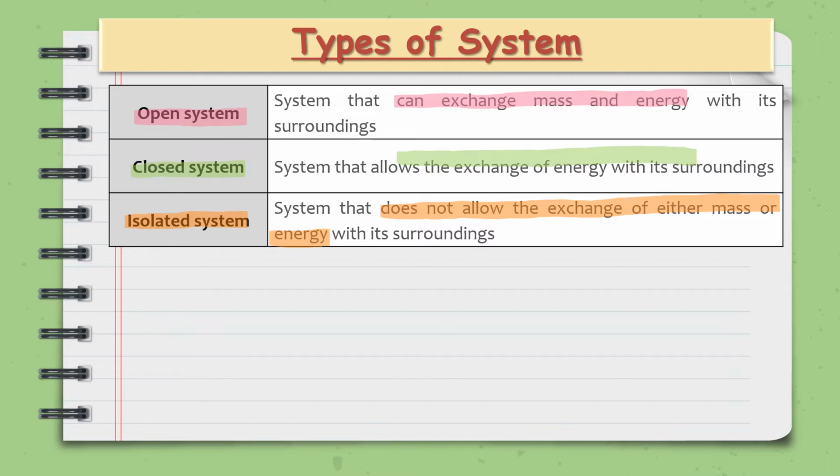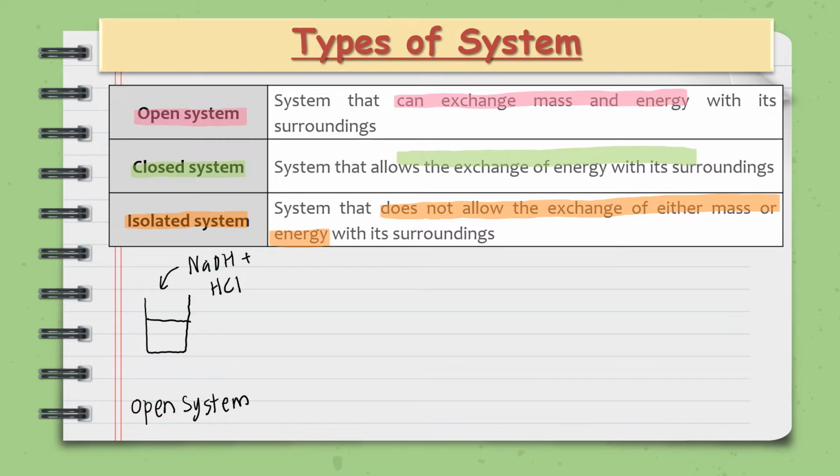When we talk about open system, for example, you do a chemical reaction. I put in NaOH plus HCl, so I do a neutralization reaction. When I have an open system, what does it mean?